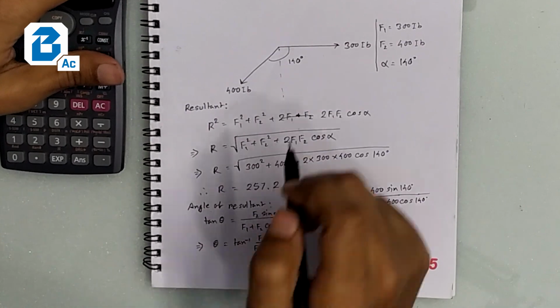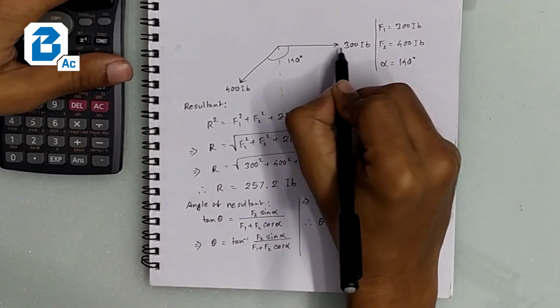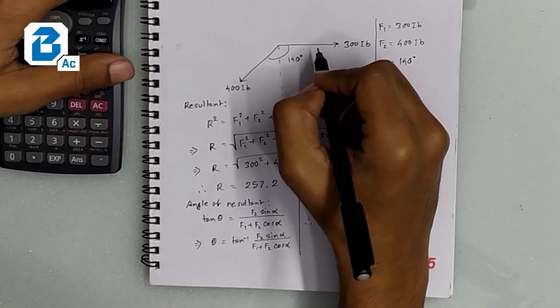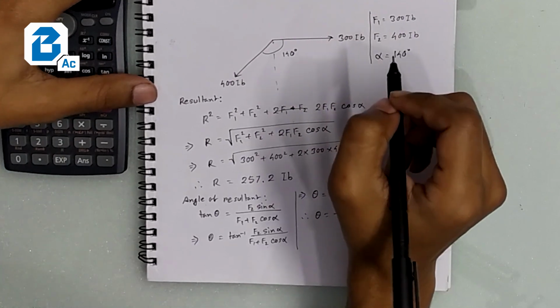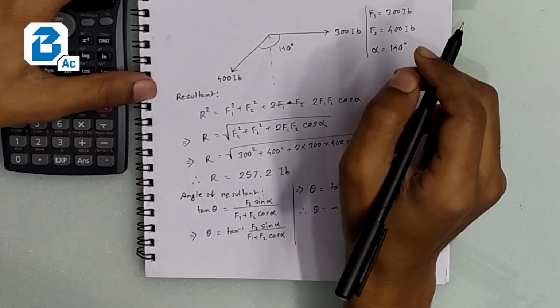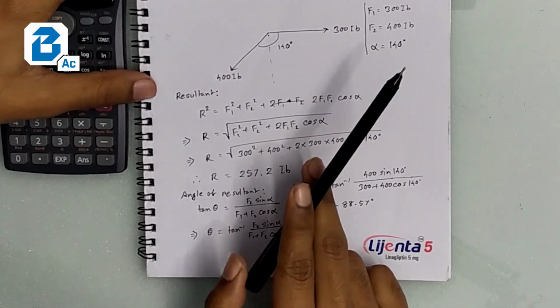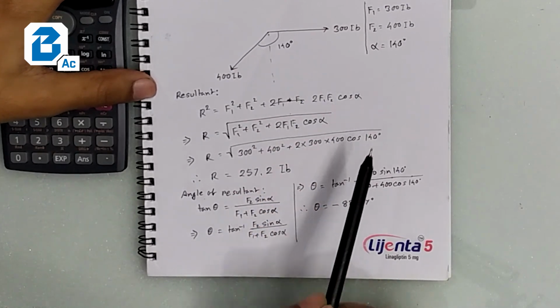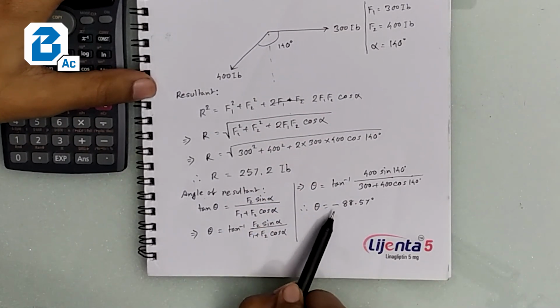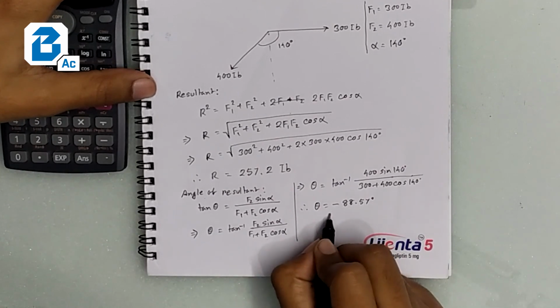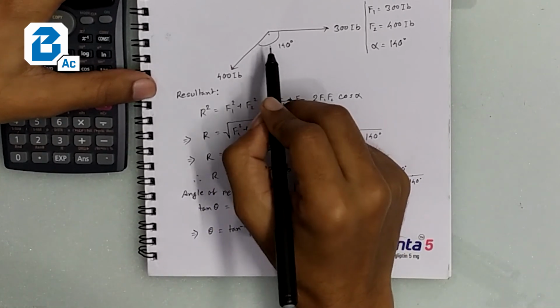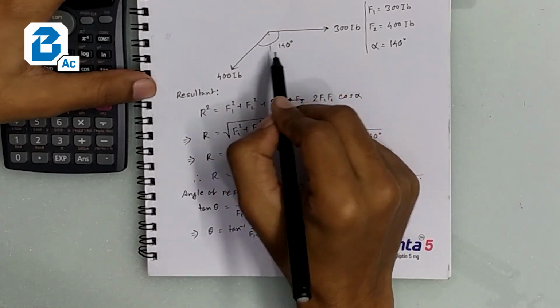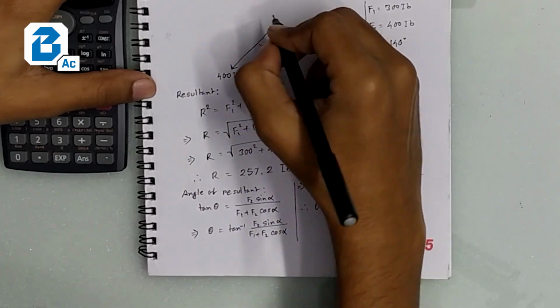So it will be from the 300-pound force and it will go anti-clockwise, because we assumed the clockwise angle as positive. So the anti-clockwise angle, which is here, is negative, so it will go against the clockwise movement, so it will go anti-clockwise.